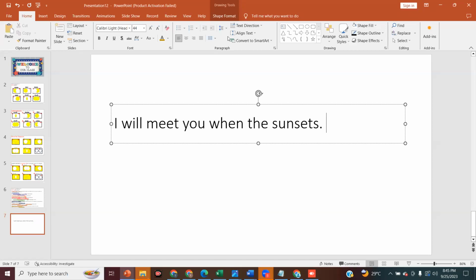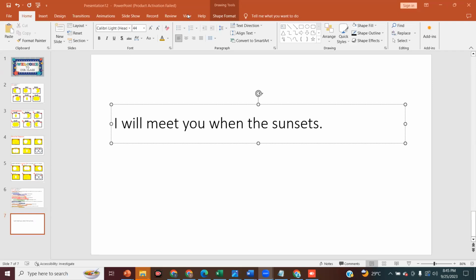What is it? Put the answer in the chat. Don't say it out loud. Adverbial clause of time, place, manner, condition, purpose, or consequence.